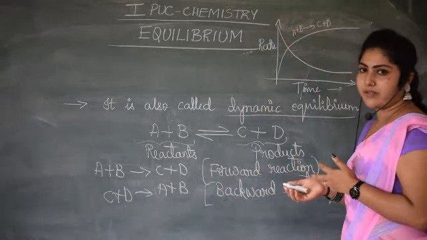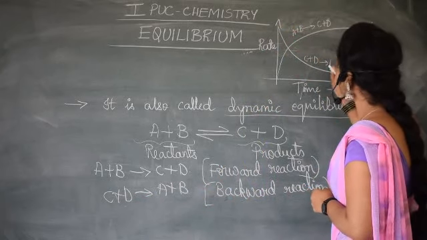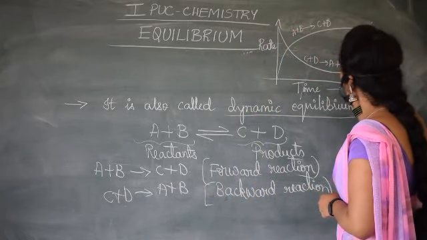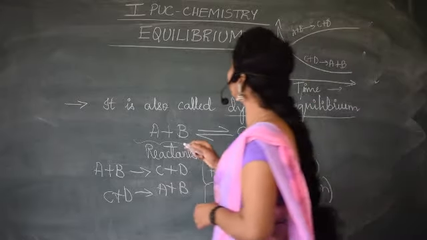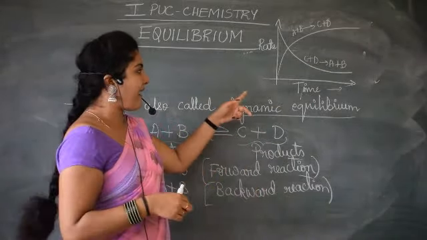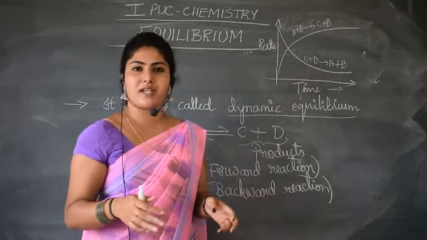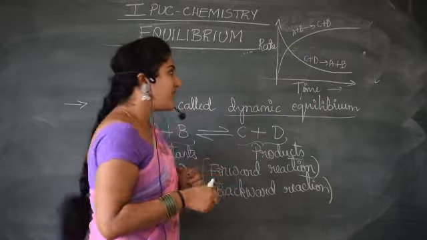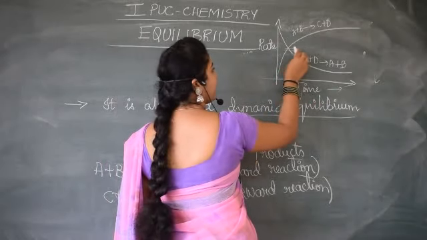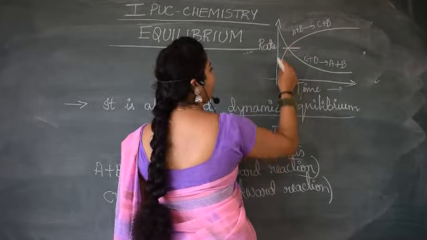Both are opposite reactions. A stage is attained where this reaction will be proceeding and the other reaction will also be proceeding. Here is the stage where rate of forward reaction becomes equal to rate of backward reaction.